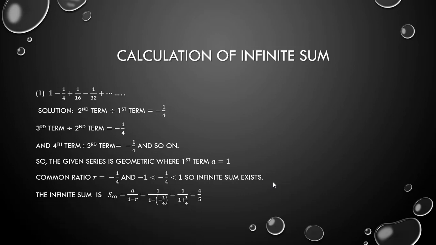So the infinite sum is S infinity equal to a by 1 minus r. Putting the value of r, we get 1 by 1 minus of minus 1 by 4, which is 1 by 1 plus 1 by 4, and calculating this we get 4 by 5. I think it's very easy.